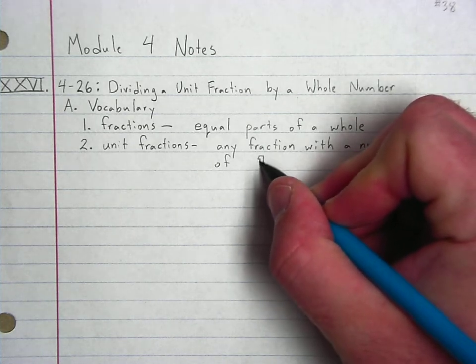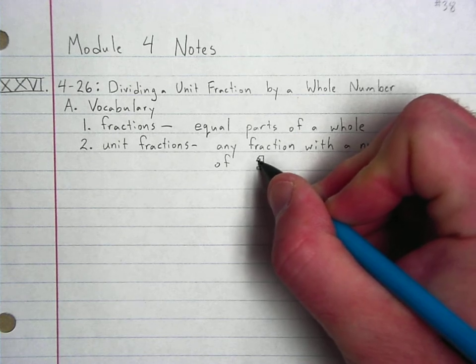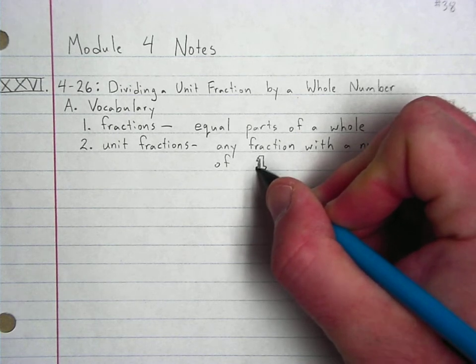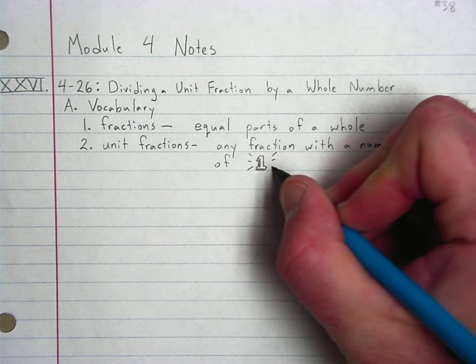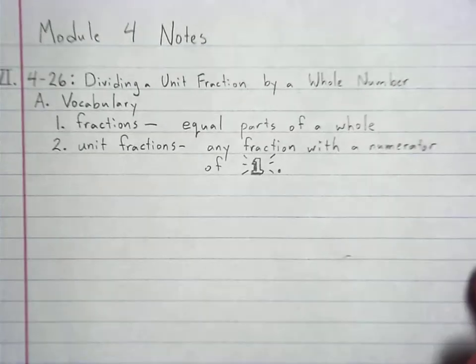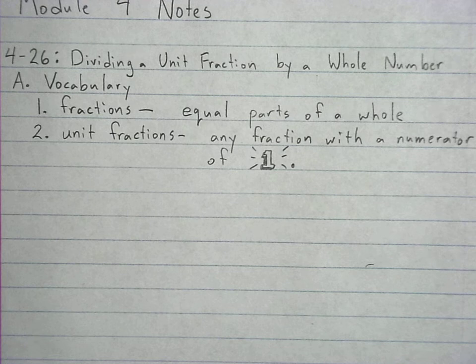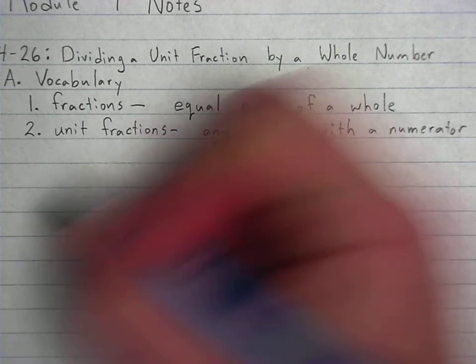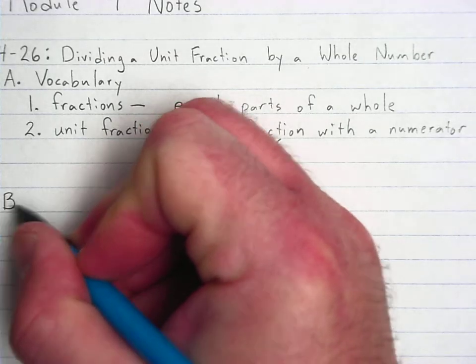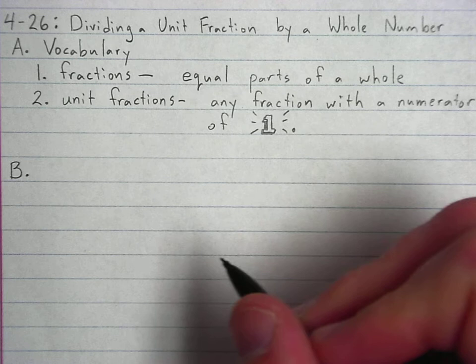So I'm going to draw one of my fancy ones again just to make sure we drive that point home. A unit fraction is any fraction with a numerator of 1. It is a fraction with a numerator atop of 1. As stated previously, you have seen this vocabulary before, so hopefully it's super, super stuck in your brain. Let's take a look at some expressions and see how this all comes together.